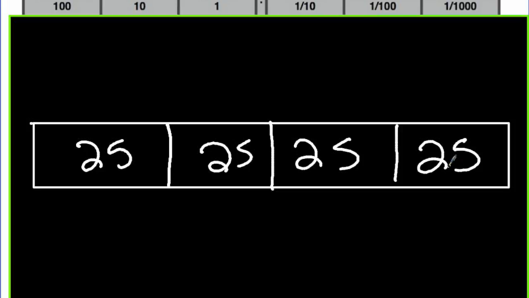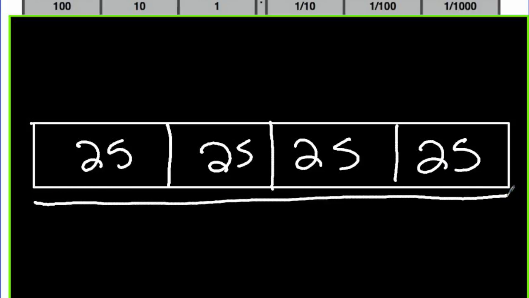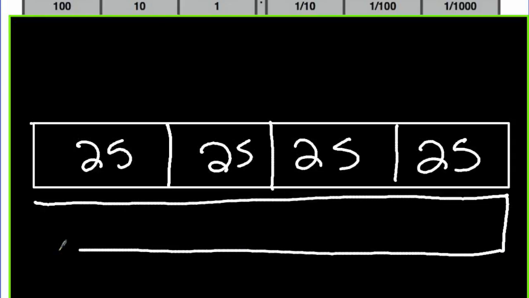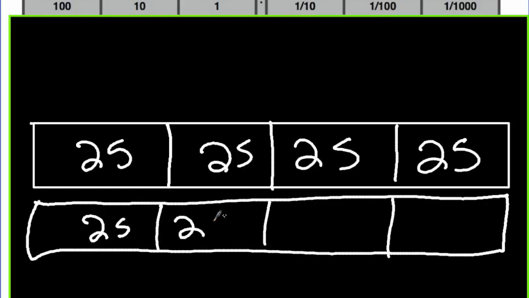No, that means I'm going to have to draw another box below it, the same length. Now I have 4 25s and then I have 3 25s. What's the difference between the 2?